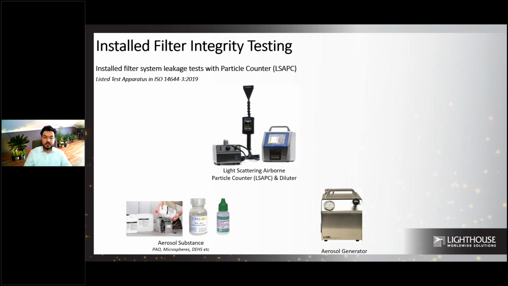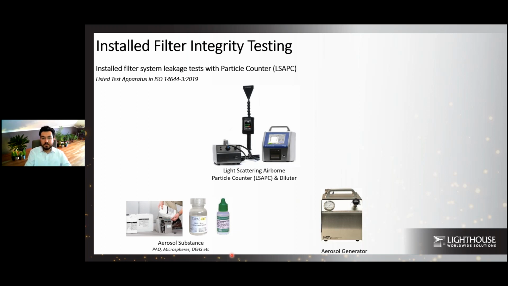And each system can use aerosol substances similar to polyalphaolefin, or you can use microspheres, which we are using for calibration of these particle counters as well, polyester and latex material. And other materials are also eligible for particle counters, because the particle counter is a technology.